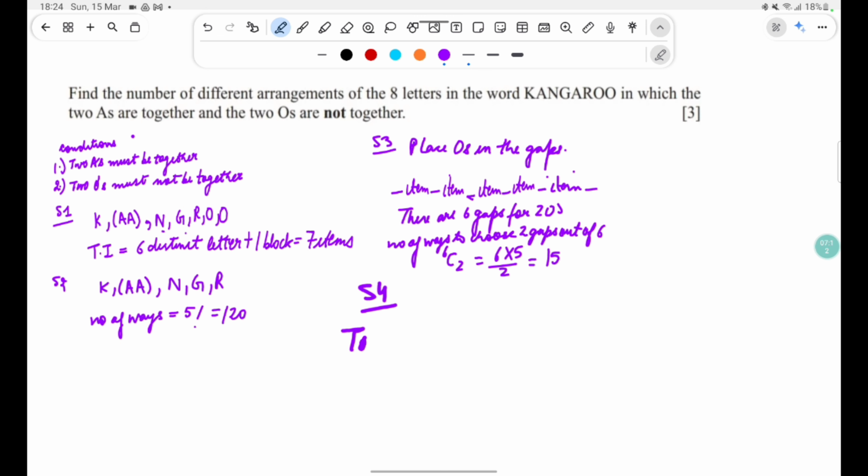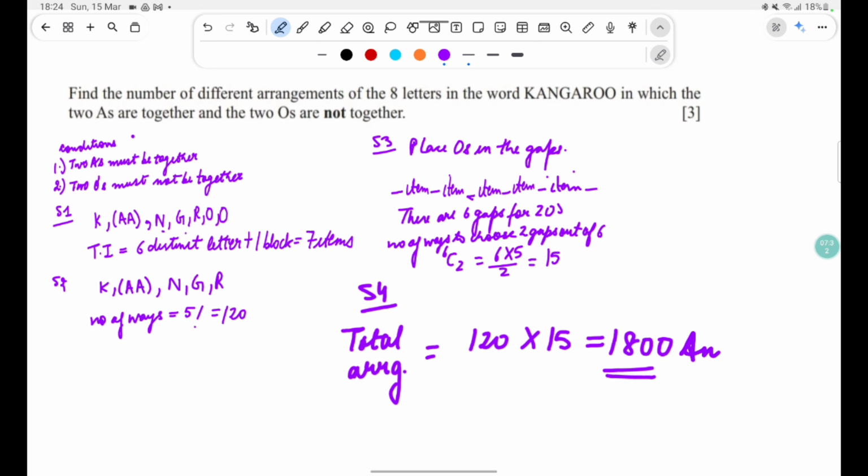Total arrangements are the ways to arrange the other letters, that is 120, times the ways to arrange the O's, that is 15, that we calculated in steps 2 and 3. If I calculate this, it will be 1800, which will be our final answer.